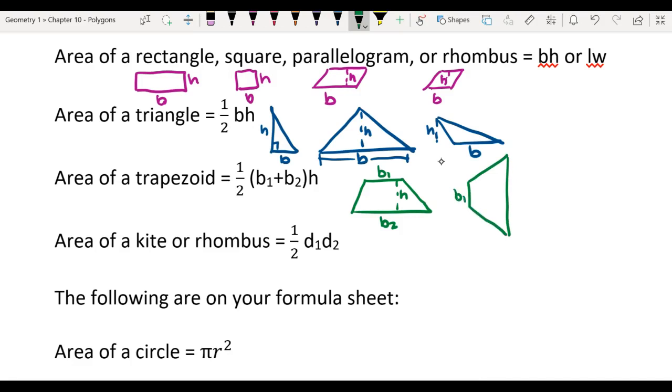So now this is my B1, my B2, and my H is a dashed line going horizontally. So just be aware they might turn the shapes on you today. Questions on trapezoids?